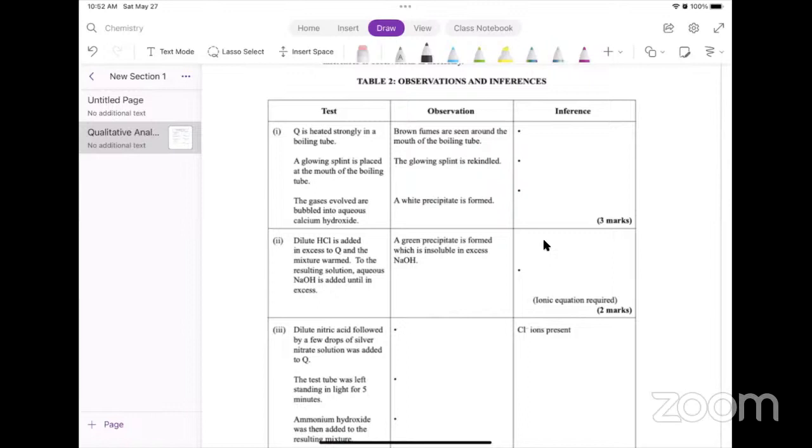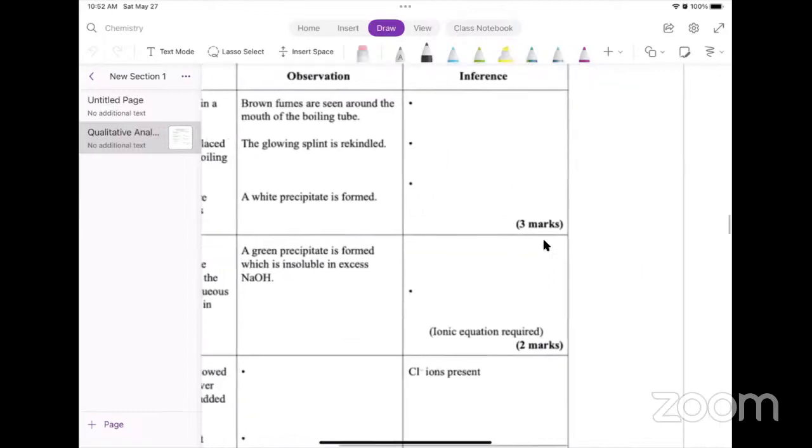The only thing I forgot to include in this slide, but is in your textbook, is that the only thing that will cause a brown fume there is when nitrate is present. Under heat, the nitrate ion will thermally decompose to give you nitrogen dioxide, that dark gas, and oxygen. So that is where you get it from.